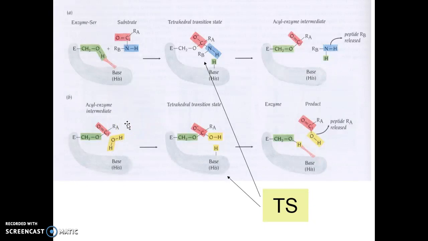The reaction proceeds in two steps. The first step produces a covalent bond between C1 of the substrate and the hydroxyl group of the reactive serine residue of the enzyme. Production of this acyl enzyme intermediate proceeds through a negatively charged transition state intermediate where the bond of C1 has tetrahedral geometry, in contrast to the planar triangular geometry in peptide bonds.